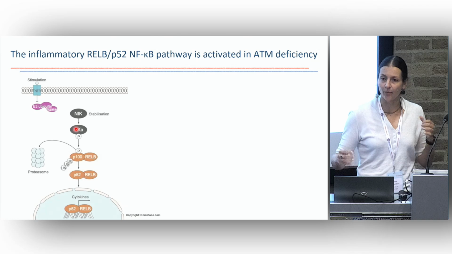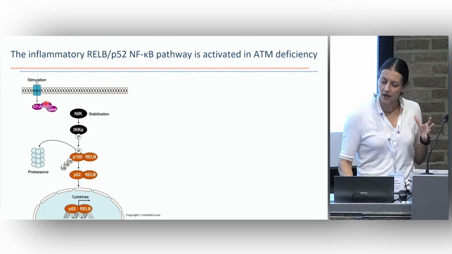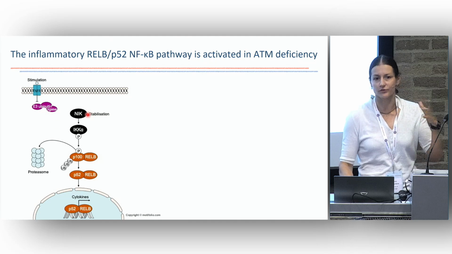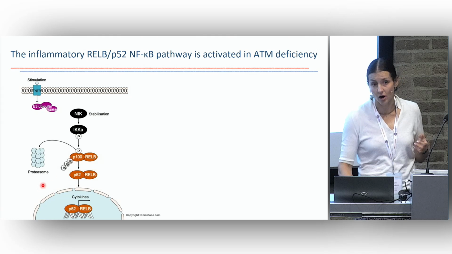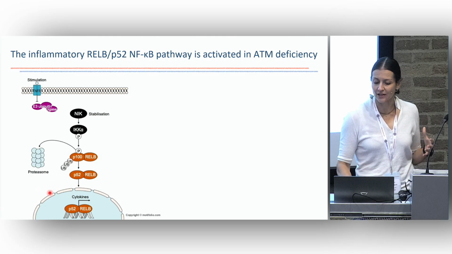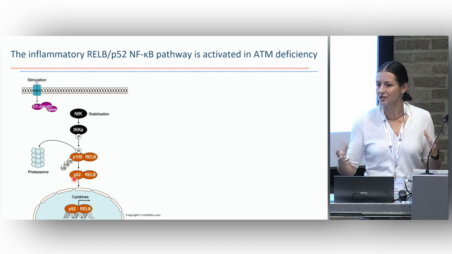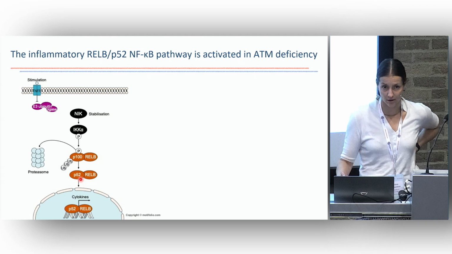Usually, upon receptor stimulation, the interaction between the E3 ubiquitin ligase and NIK is disrupted. NIK phosphorylates another kinase, which phosphorylates p100, and that drives proteasome-dependent cleavage of p100 into p52. That exposes the nuclear localization signal on RelB, and the heterodimer goes into the nucleus and drives the cytokine response.